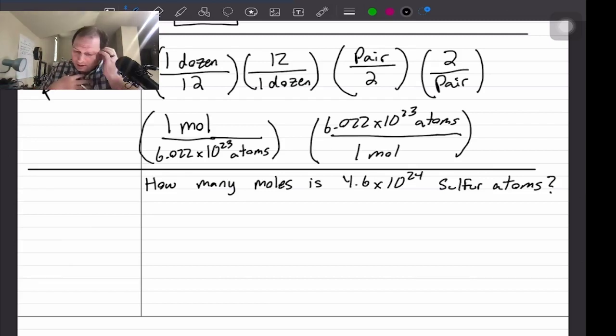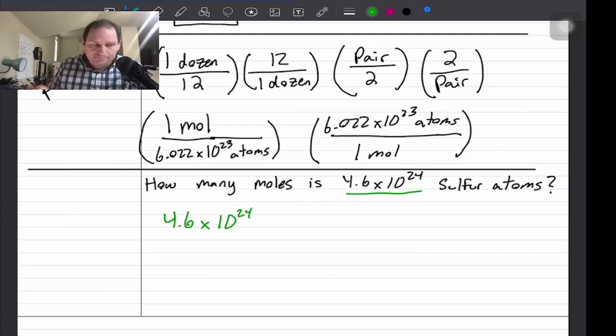Well, we're starting off with this as a value we're given. That's my starting value. So I'm going to write that over here: 4.6 times 10 to 24 atoms. But I need to get to moles. This is what I'm looking for.